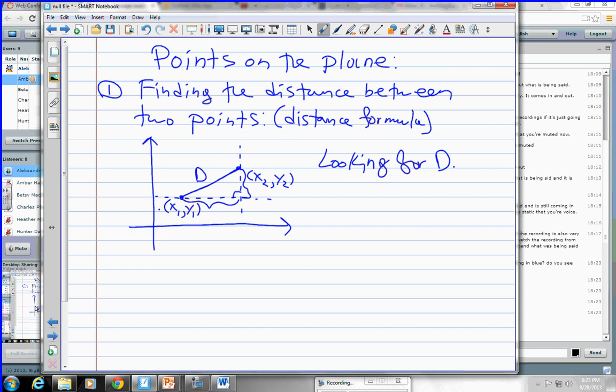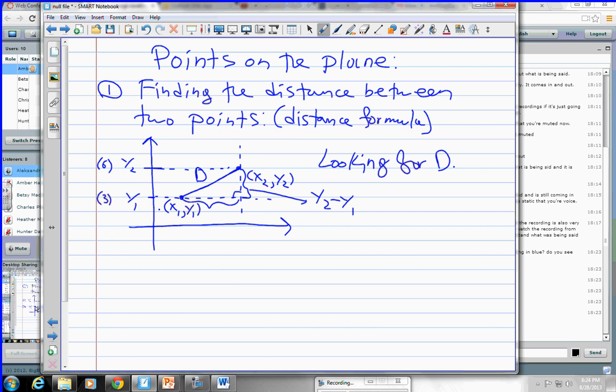Now this side is a vertical line between two values, y1 and y2. So for example, if y2 was hypothetically 6 and y1 was hypothetically 3, what would that length be? 3. You just go 6 minus 3, so this length right here is y2 minus y1.